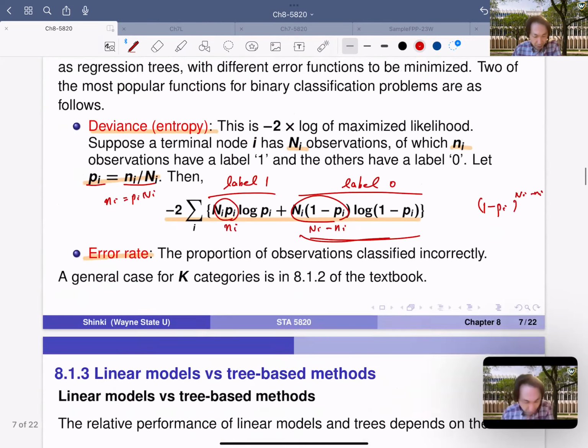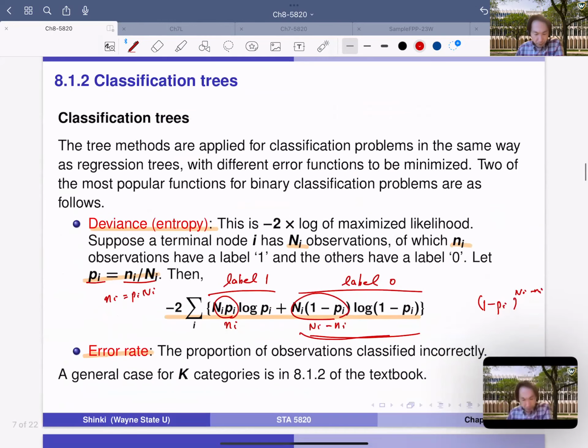Do you have any questions so far? Which is better? What do you think? Error rate or deviance? What are the practical differences? If you analyze data, which one do you use? Suppose that you only have 500, maybe 300 observations for binary classification problems.